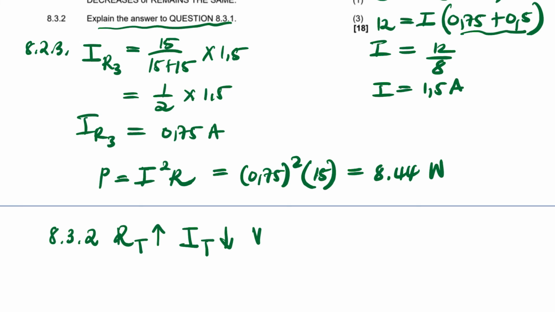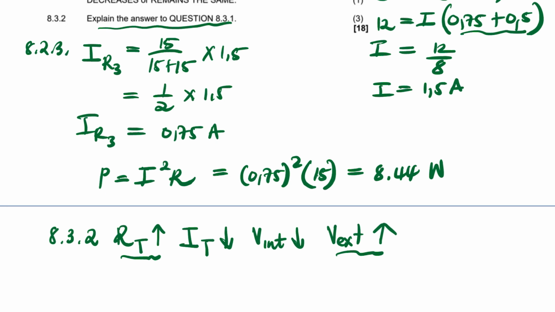And that changes the V internal. Since the current decreases, the V internal will decrease as well. So that makes the V external increase, because the R external increases, the V external will increase as well because they're directly proportional.